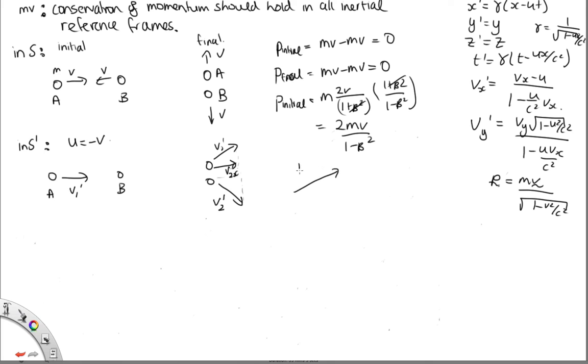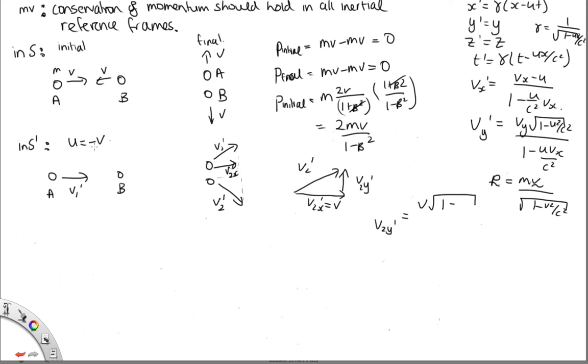Now, v2 prime, which will be the velocity in this equation here, is equal to v2x prime plus v2y prime. x prime we showed before was equal to v. So this is equal to v, and v2y prime we will need to use this formula to work out what it is. So v2y prime is equal to vy, so this is referring to the velocity in the y direction in frame S. So this is v times the square root of 1 minus u squared on c squared.